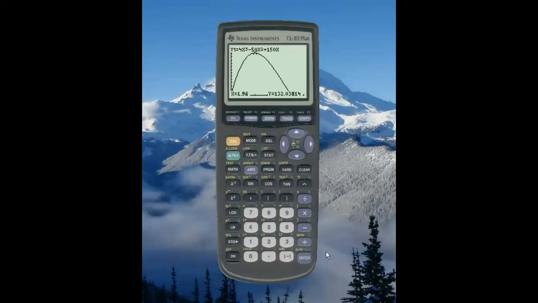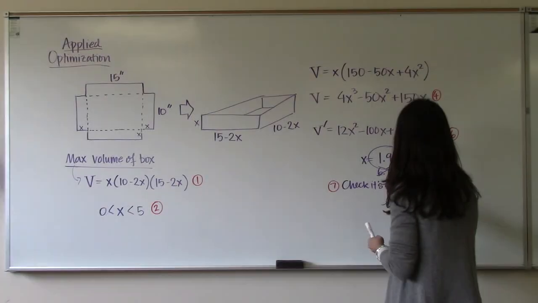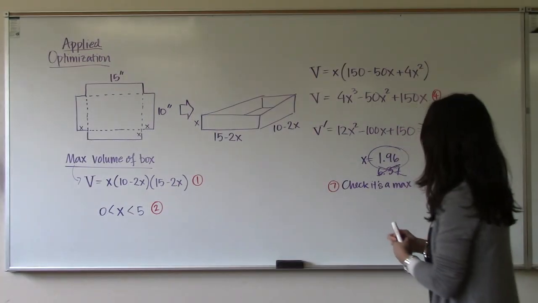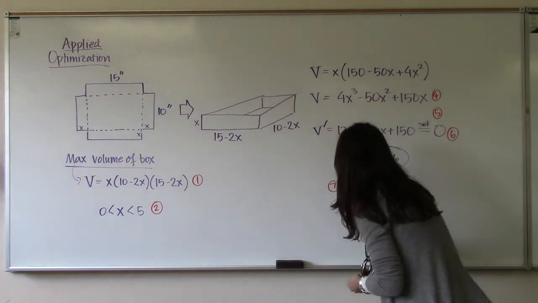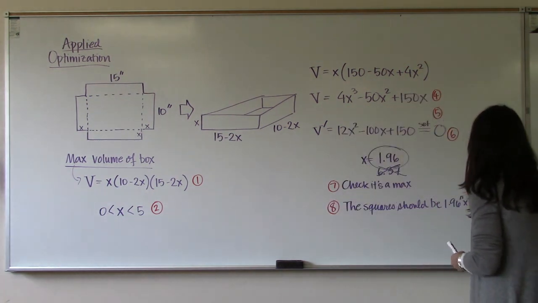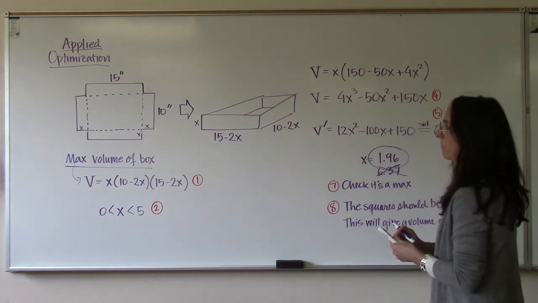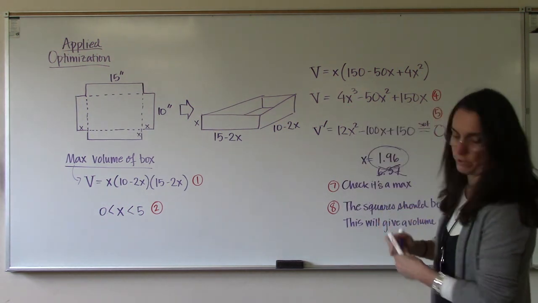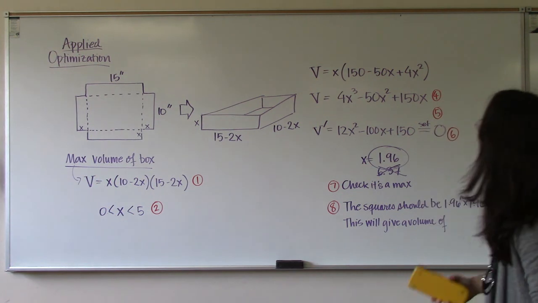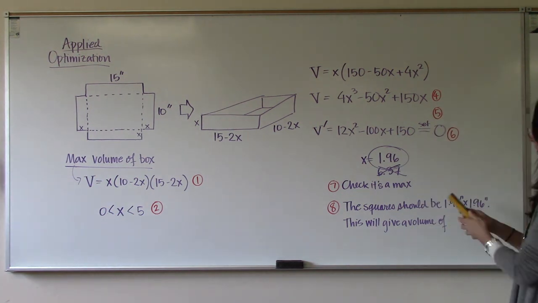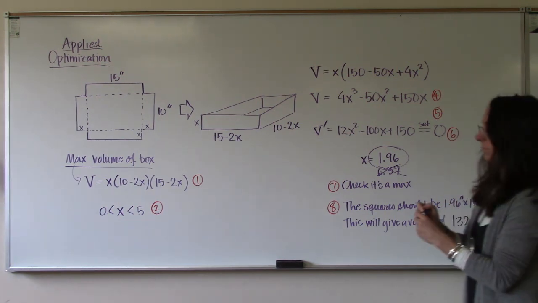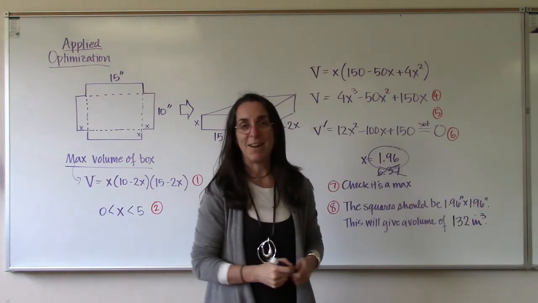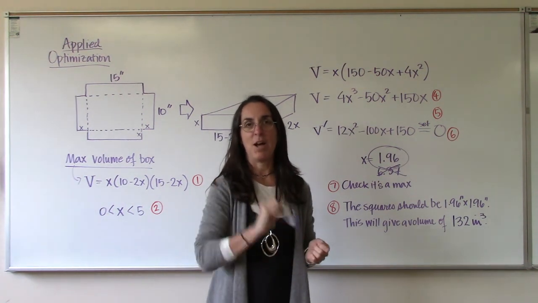We really do have a maximum. And then to answer the question, this will give a volume of, so let's just plug in what we get for the volume when we use this x. And those are some examples of applied optimization.